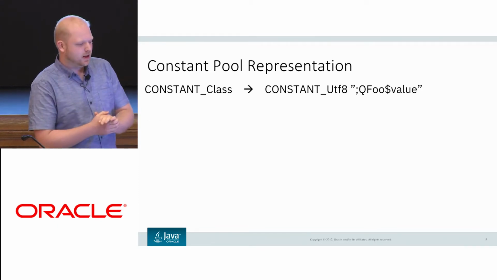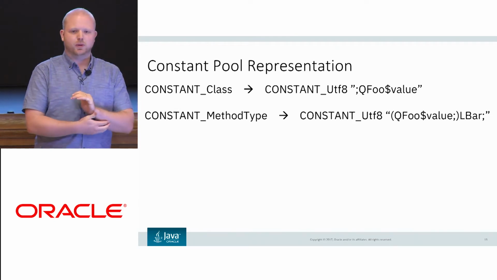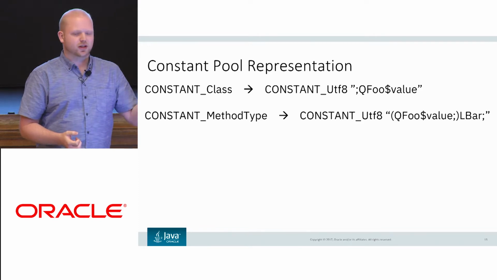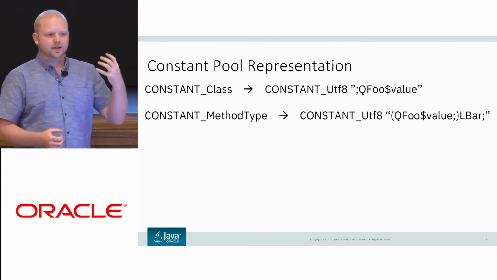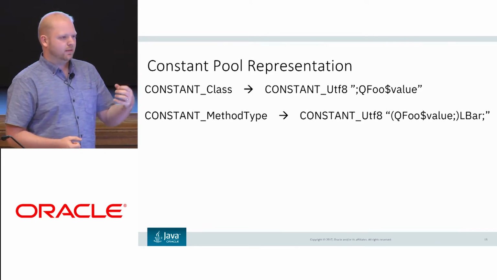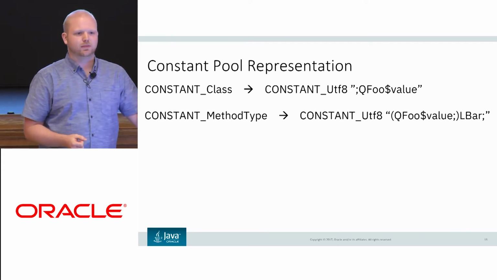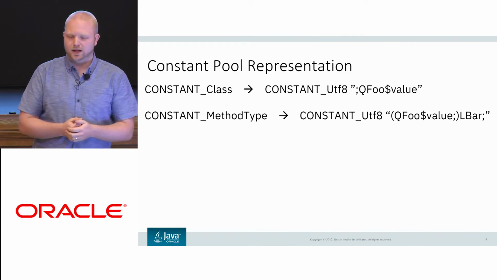As you can see, we don't need that semicolon when we talk about them in the descriptor. The problem with the constant class is that it doesn't include that type character, like L for reference type, or Q. But we needed that Q, so we had the semicolon in front, because that's not valid in a class name.